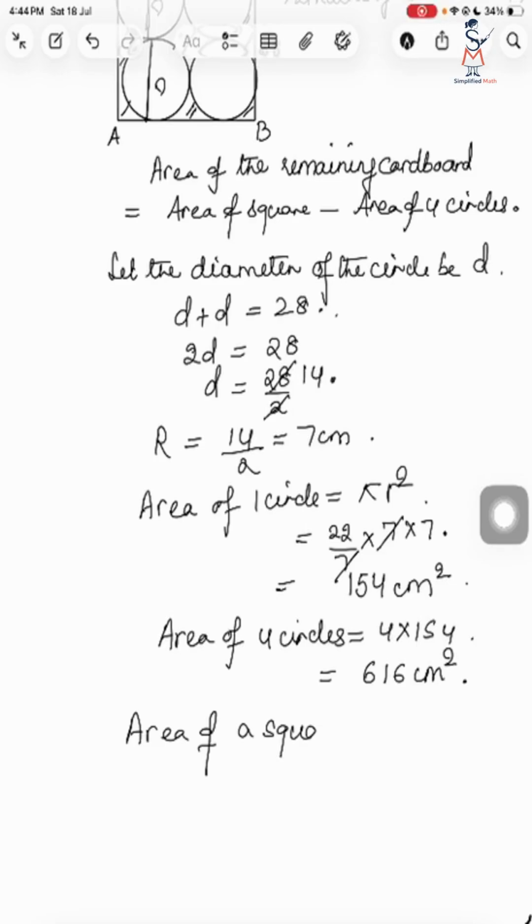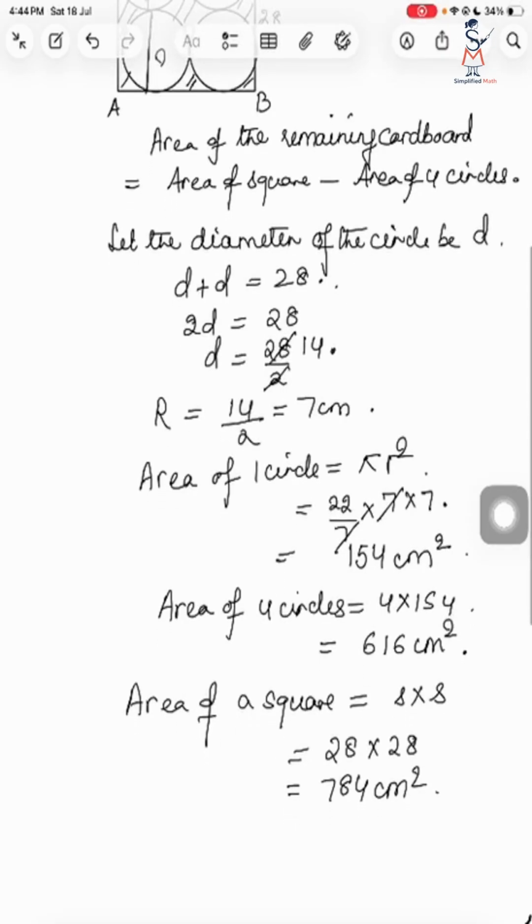The side of the square is, side into side is the area, side of the square is 28. So 28 into 28, that is 784 centimeters square.